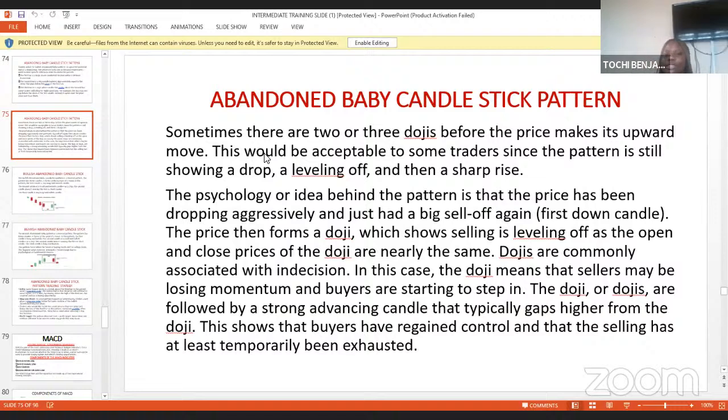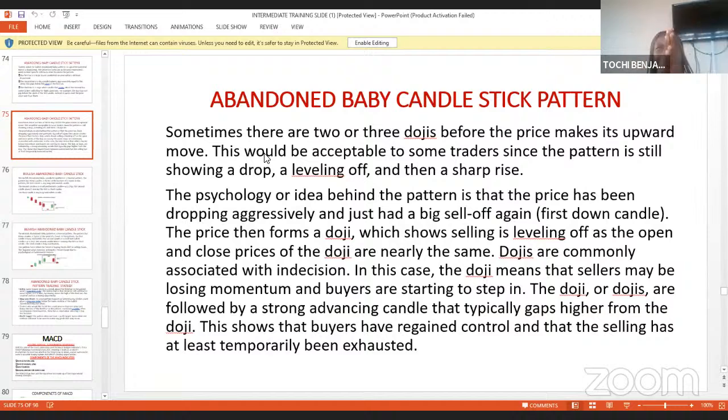Now, the first candlestick opens, and if you are looking at bearish, it opens at the top. Then the second candlestick, which is the baby, gaps up. There is a gap between the first candlestick and the second candlestick. That's why we call it an abandoned baby.